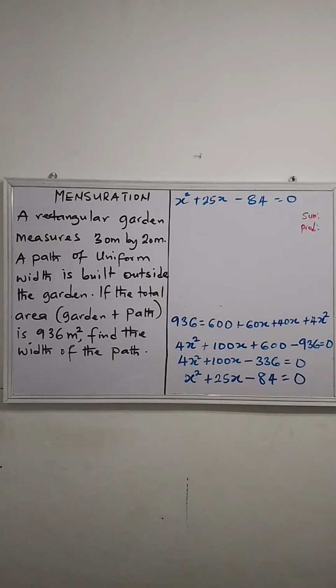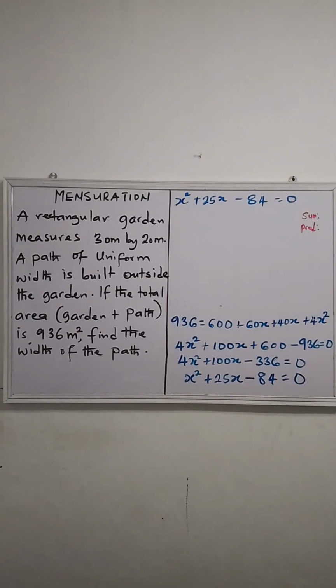All right, is anybody dropping that? What is the sum and what is the product? Yes, I'm expecting a good number of us to drop that in the comment section. Okay, I can see Taiwo Adiola.